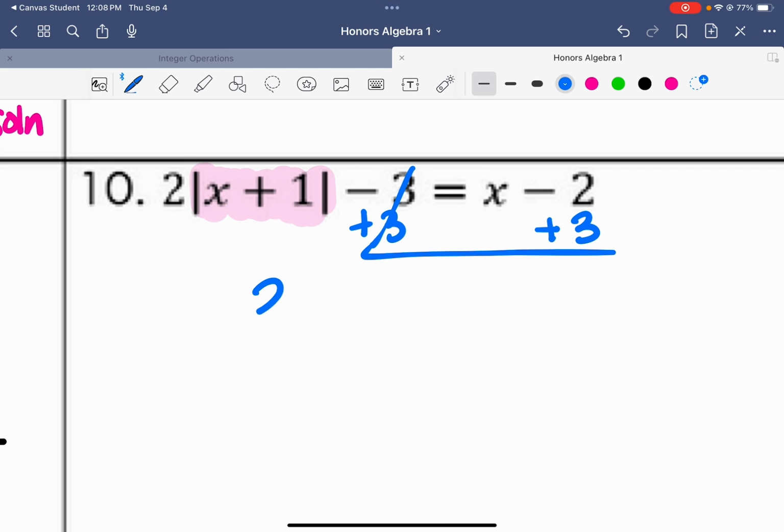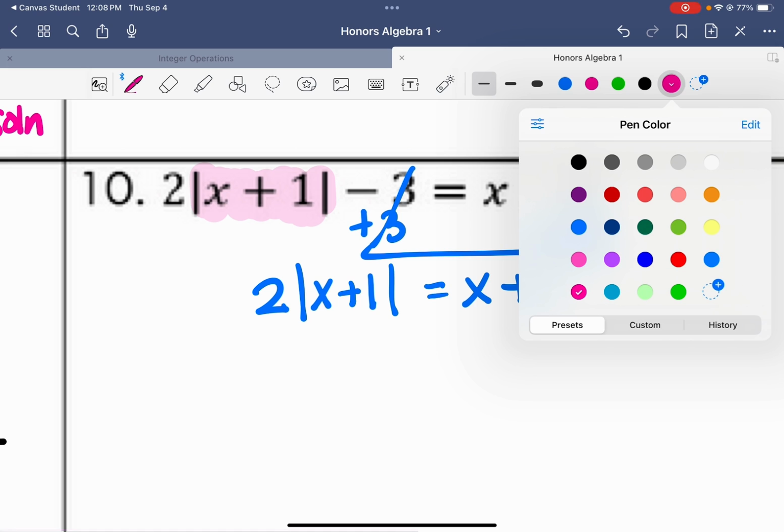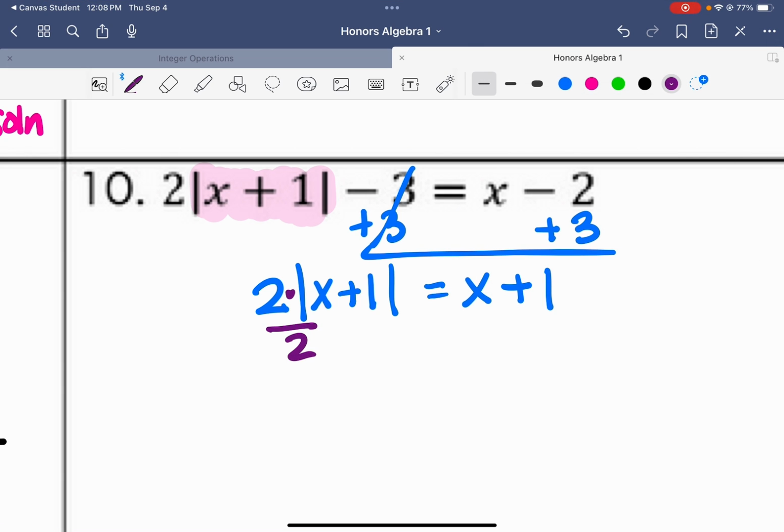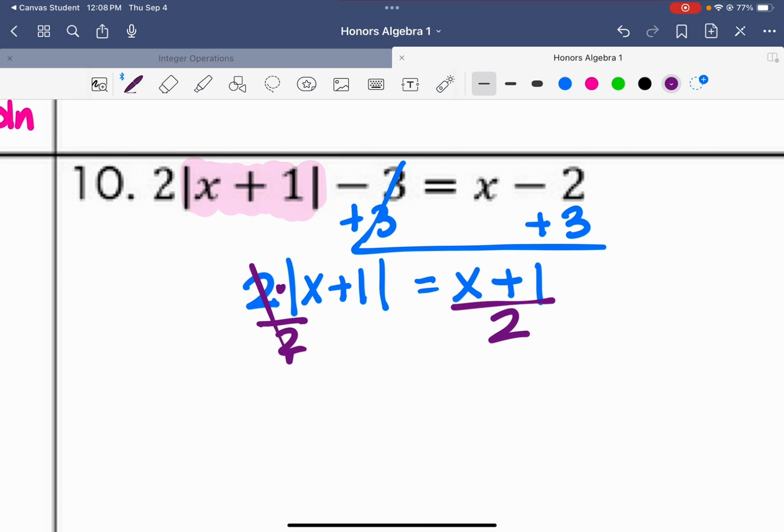I'm left with 2 times the absolute value of x plus 1 equals x plus 1. And then I still have 2, so divide by 2 on both sides. So this is a divide by 2 on this whole thing right here. So the absolute value of x plus 1 is equal to x plus 1 divided by 2.